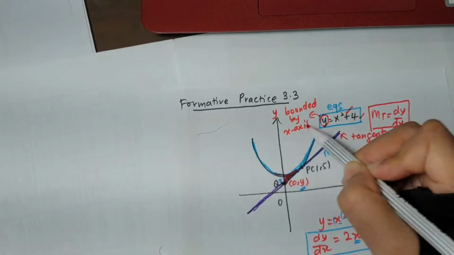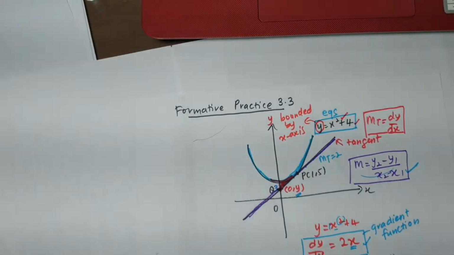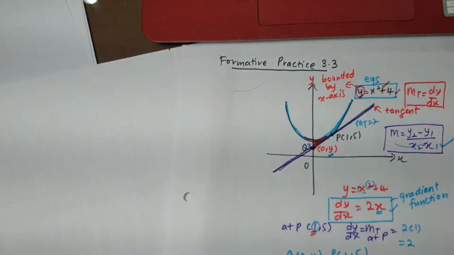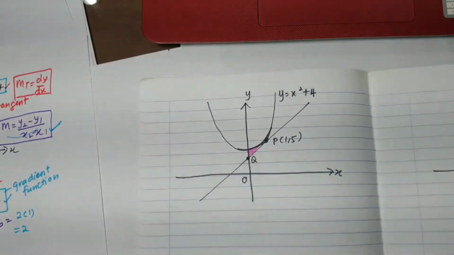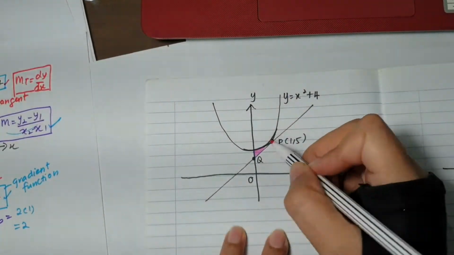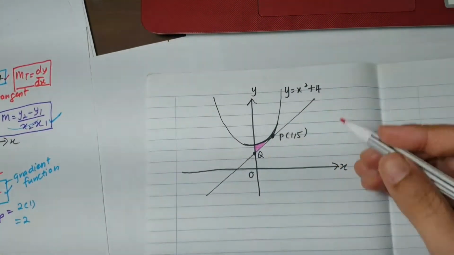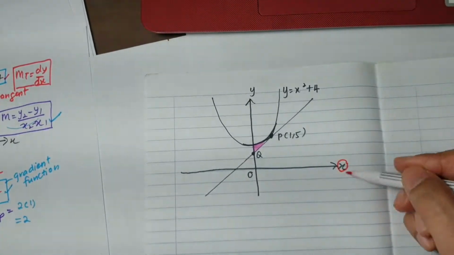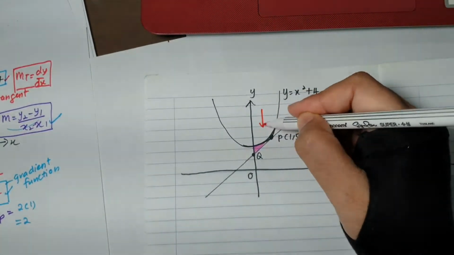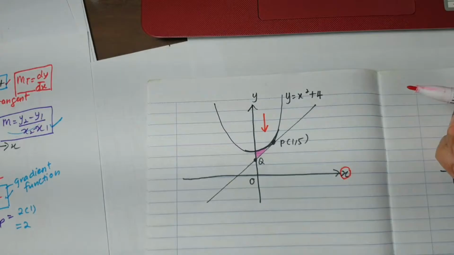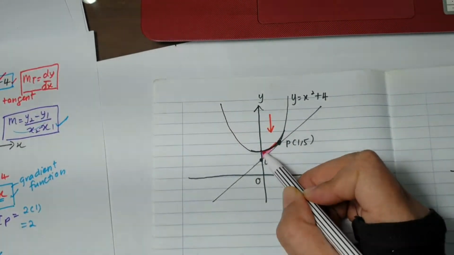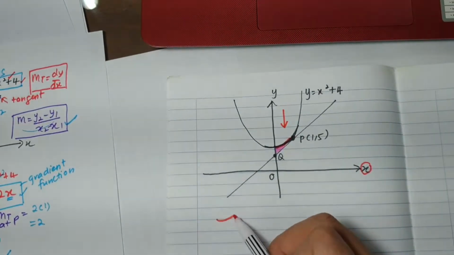x-axis. Okay, let's look at this region. The region is like this, right? So now we choose bounded by x. Look from the top like this. You can see the curve is like this.